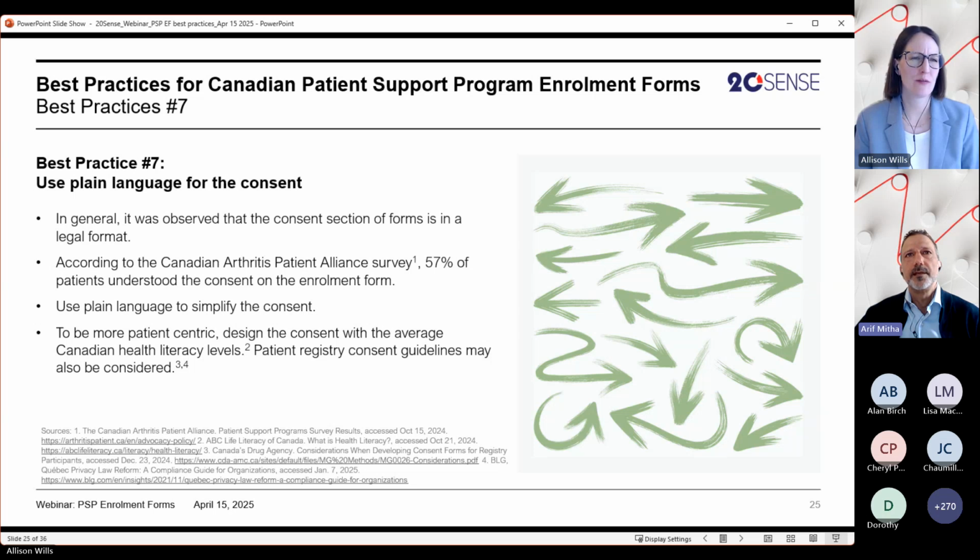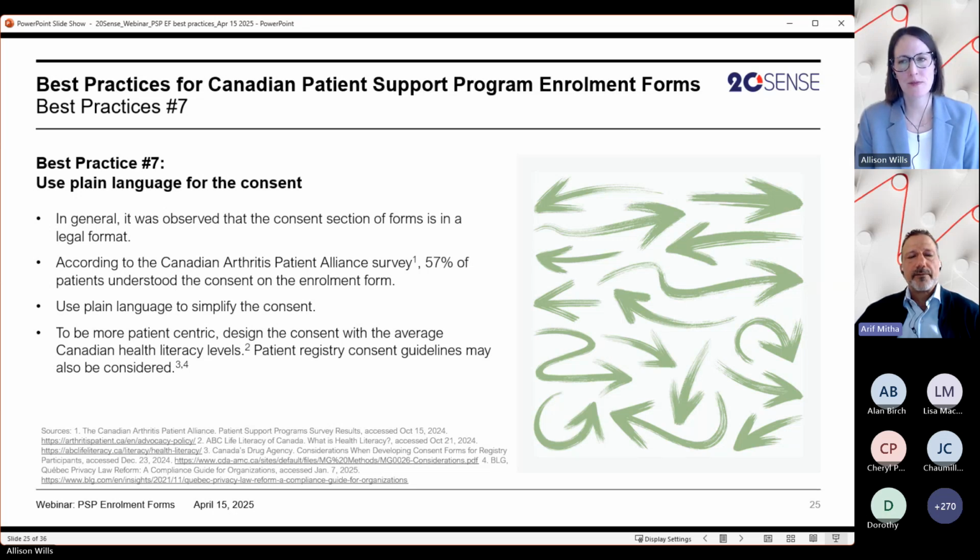One stat here: according to the Canadian Arthritis Patient Alliance survey, 57% of patients understood the consent on the enrollment form. Even that is higher than I would have guessed, but 57%. Use plain language to simplify the consent. To be more patient-centric, design the consent with the average Canadian health literacy level. Patient registry consent guidelines may also be considered.